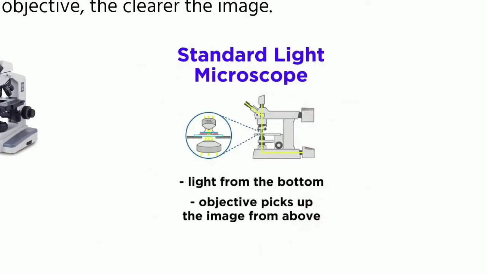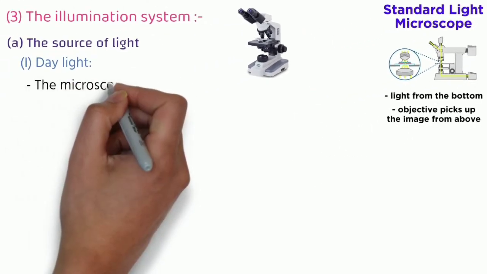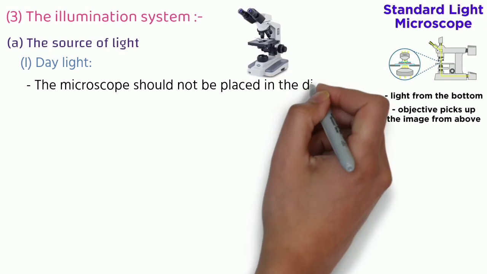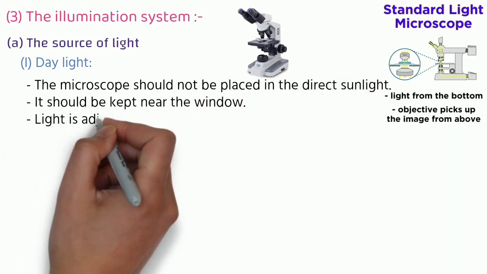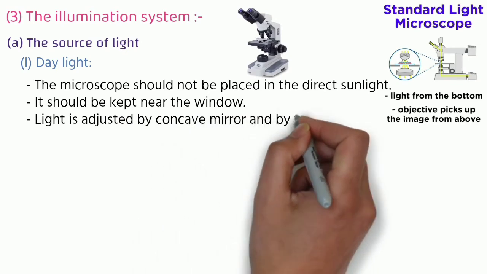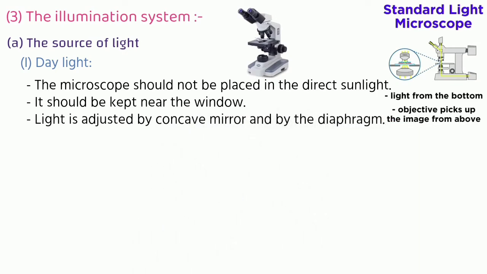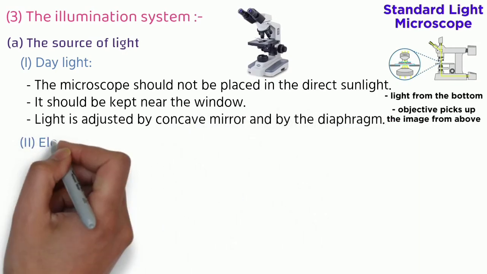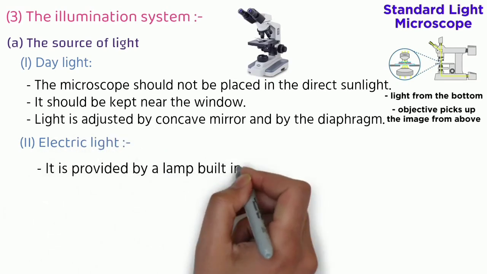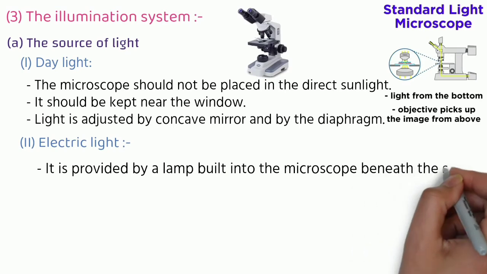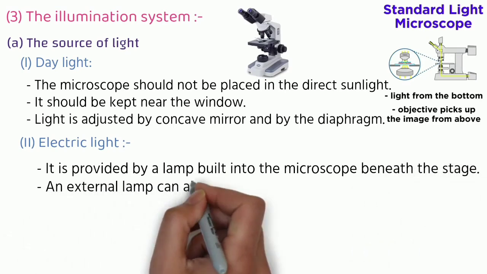The microscope should not be placed in direct sunlight; it should be kept near a window. Light is adjusted by the concave mirror and by the diaphragm. Electric light is provided by a lamp built into the microscope beneath the stage. An external lamp can also be used.